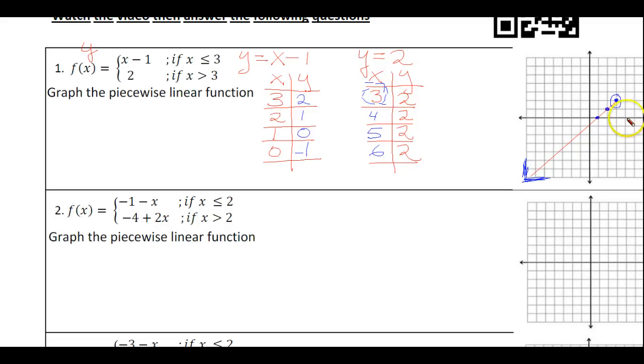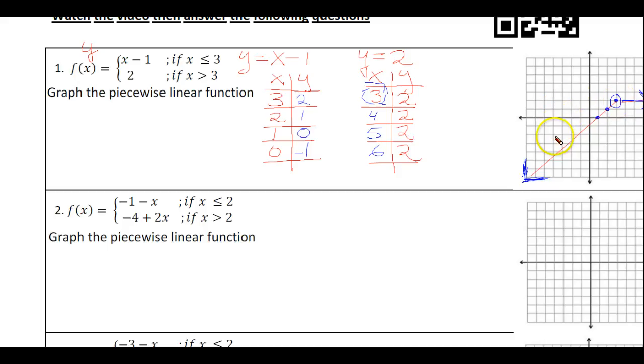And then we go 4, 2, and we make a line this way. And we can darken that a little bit. There we go. So there is our first example.